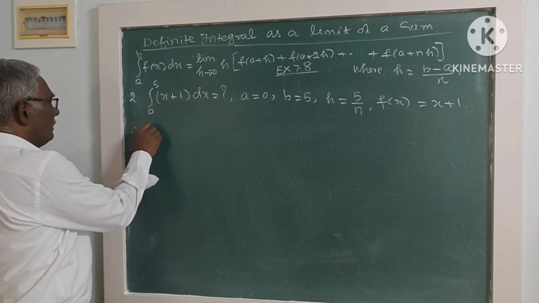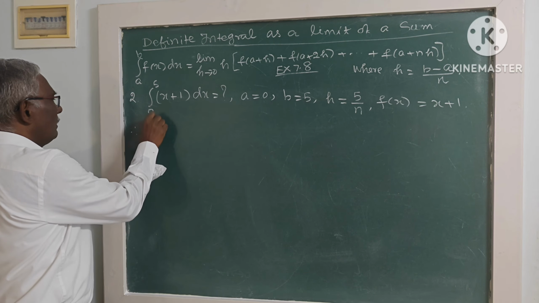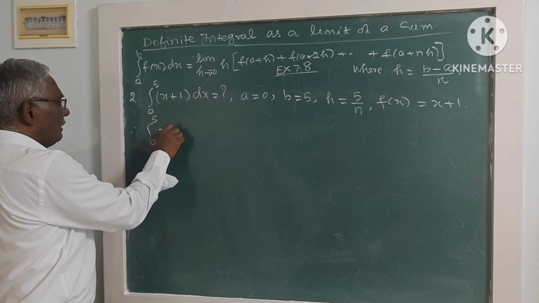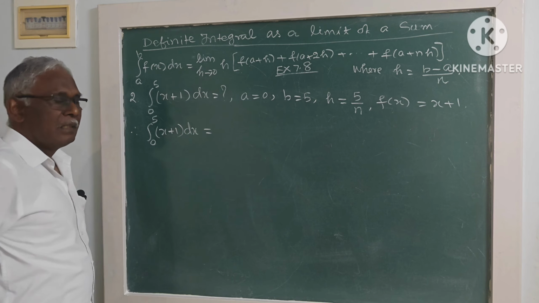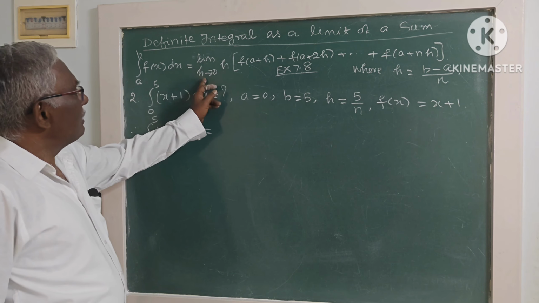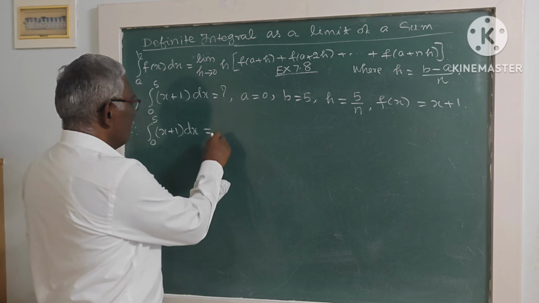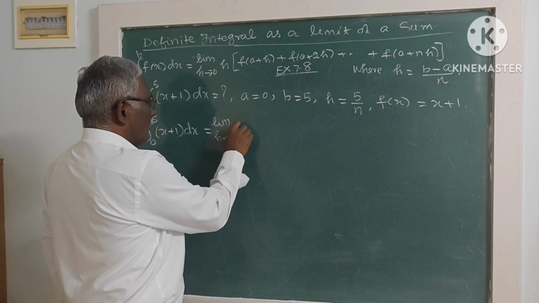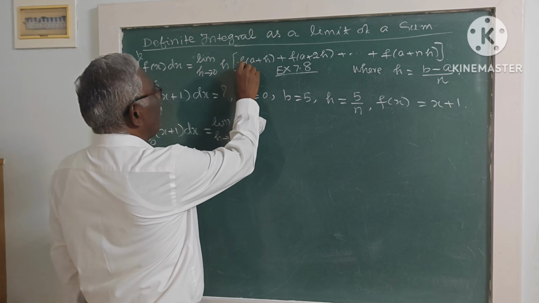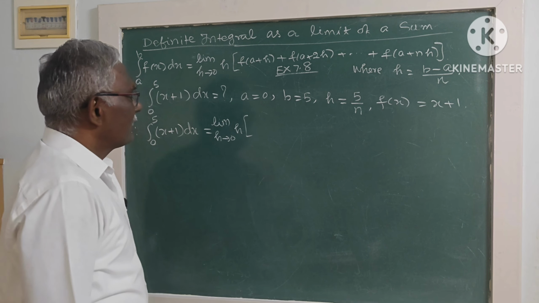Therefore, integral 0 to 5 (x plus 1) dx is equal to limit h tends to 0 h times f of a plus h.